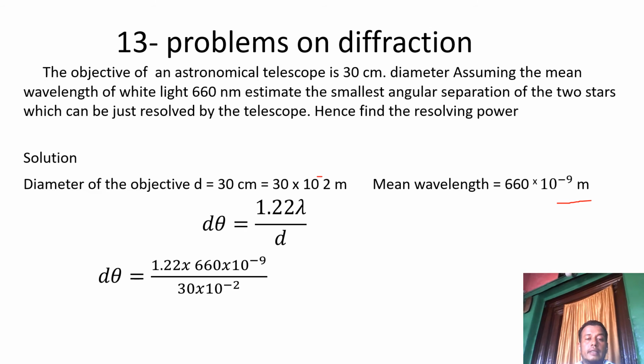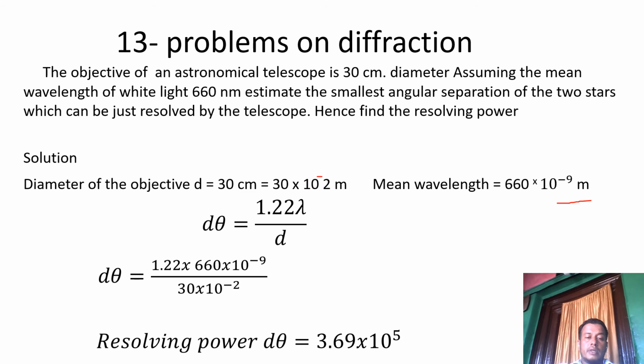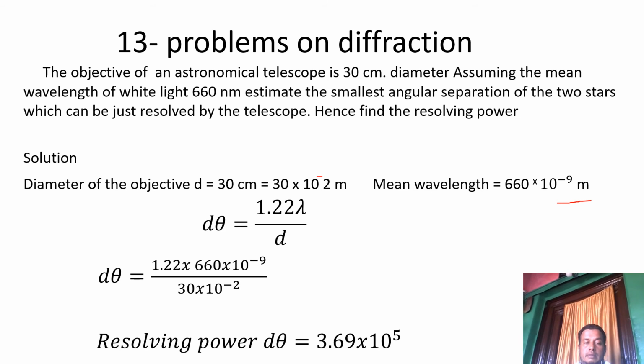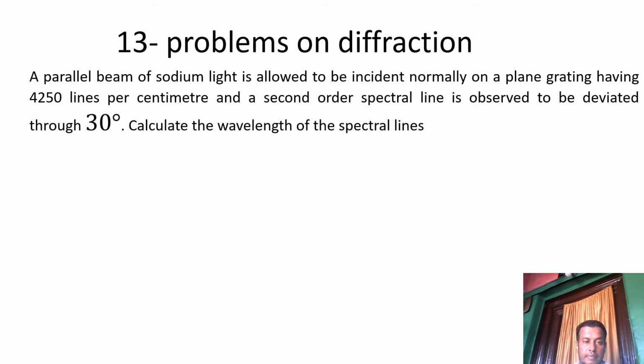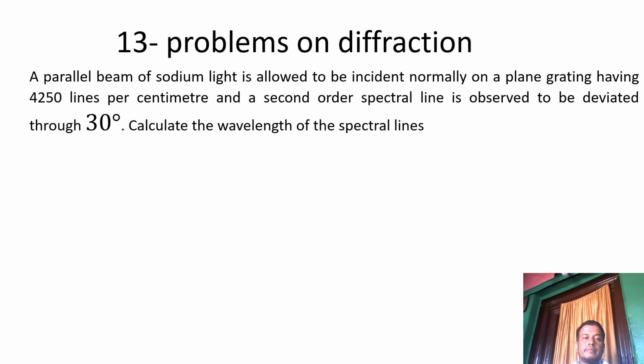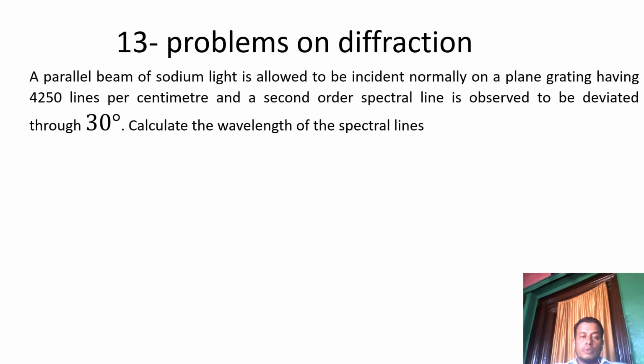So on substituting the lambda value, where d is the diameter, that is 30 into 10 to the power of minus 2 meter, on simplification we get the resolving power d theta is equal to 3.69 into 10 to the power of minus 5. We move further.